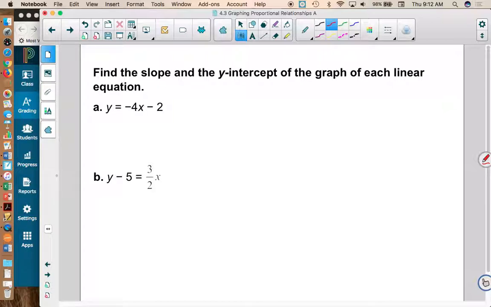Okay. When I was walking around, I noticed that we've got a few that I went maybe a little bit too fast for. And so I had them take a look again and go back to the formula. Okay. This is my slope. And this is my y-intercept.